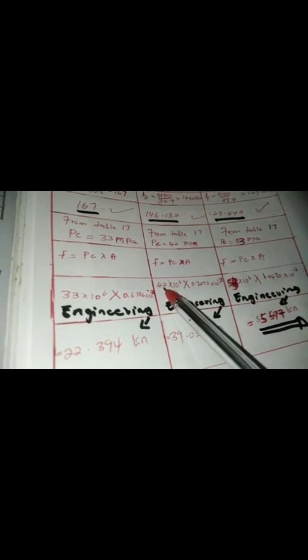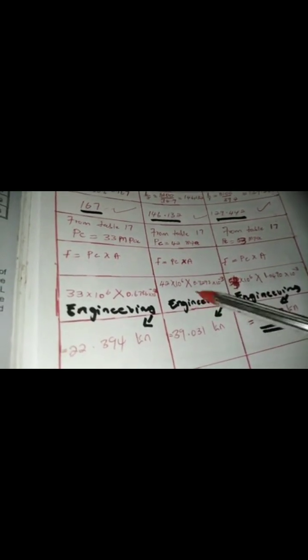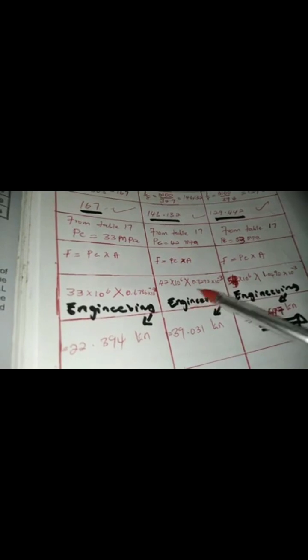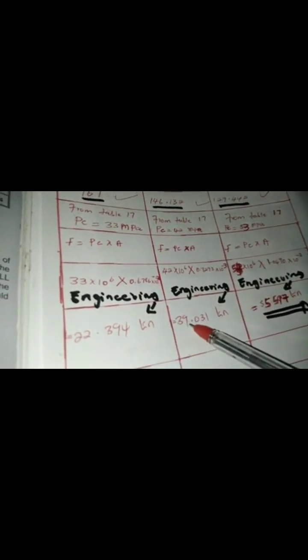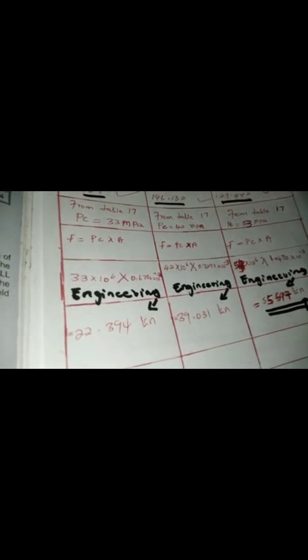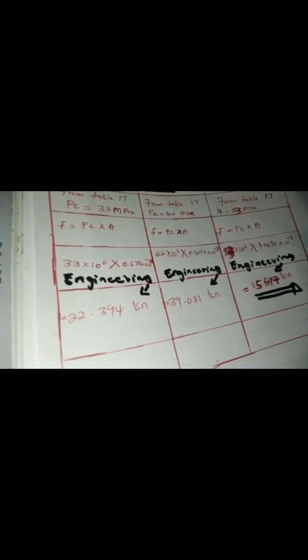Then you say 42 times 10 to the power 6 times 0.9293 times 10 to the power minus 3. After you punch this whole thing, you press engineering on your calculator, and it's going to give you the answer in kilonewtons. We need our answer to be in kilonewtons. That is why we press engineering.